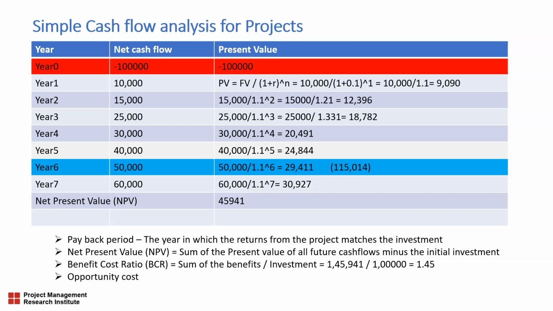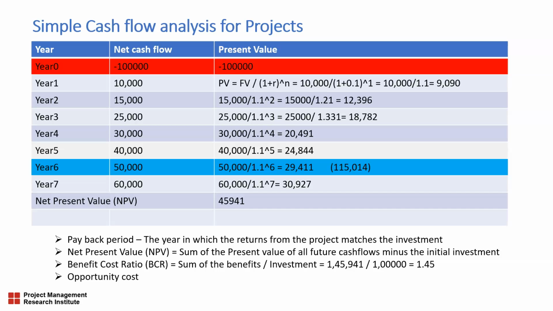We call it the sunk cost, S-U-N-K: the money invested into a project which cannot be recovered, that is gone, that must be written off. To avoid such things, it is better to do a cash flow analysis, however small or big the project is, before deciding to go ahead.